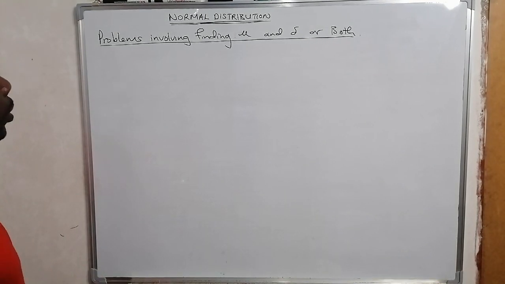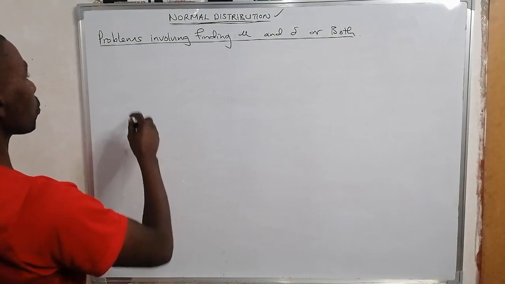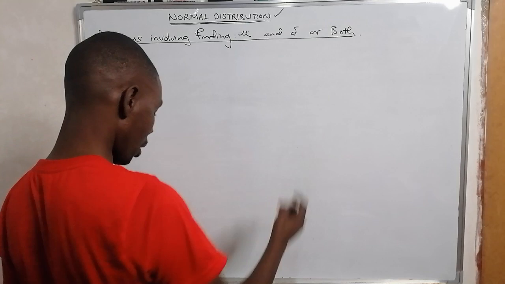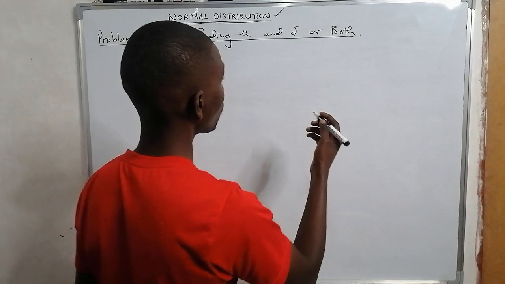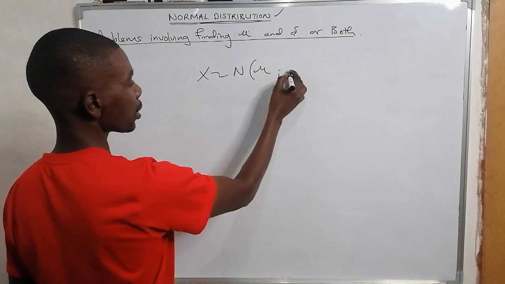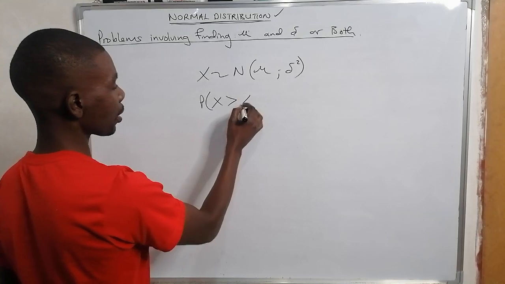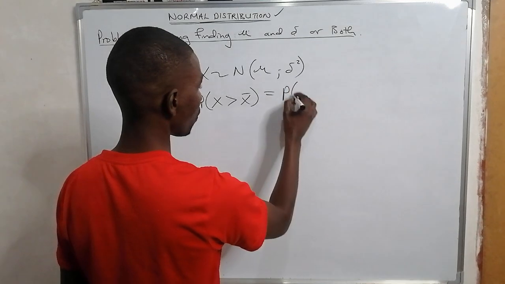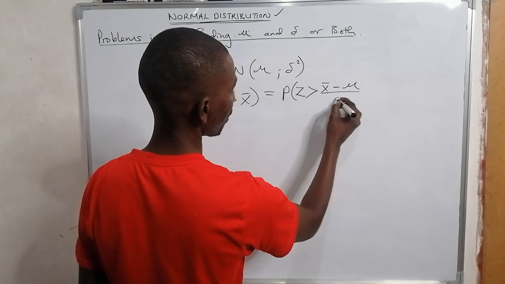We are going to talk about normal distribution, but today we want to solve problems involving finding the mean, sigma, or both. Remember, in our previous lesson, we said if x follows a normal distribution with mu and variance sigma squared, then for P of x greater than x bar, we standardize using P of z greater than x bar minus mu over sigma.